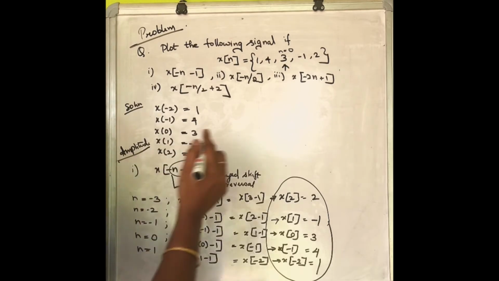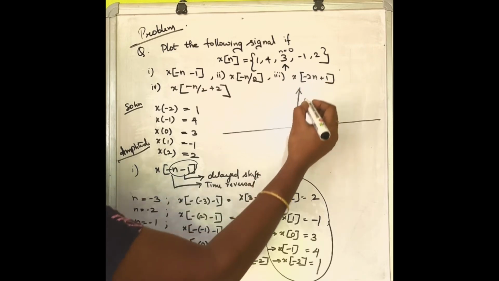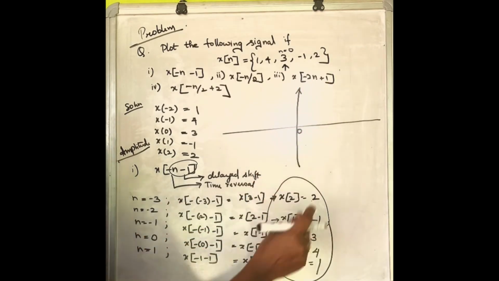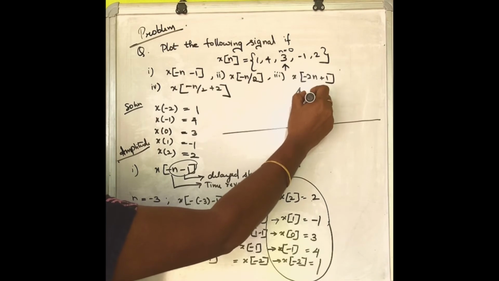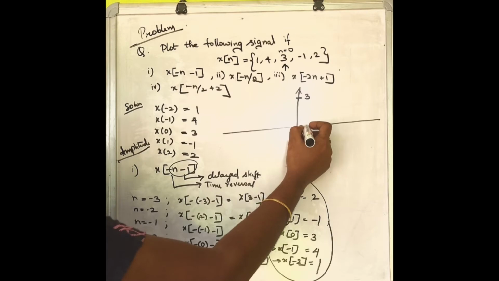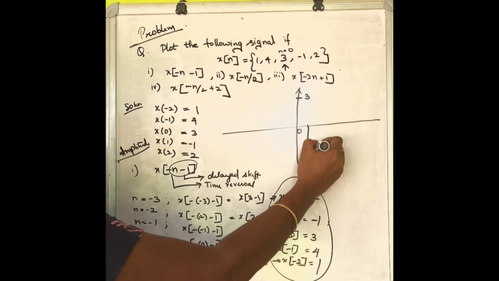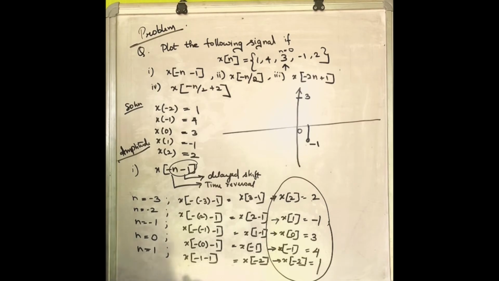Okay. So how it will be? This is your 0. So at 0, the amplitude is 3. Then at 1, it is -1.